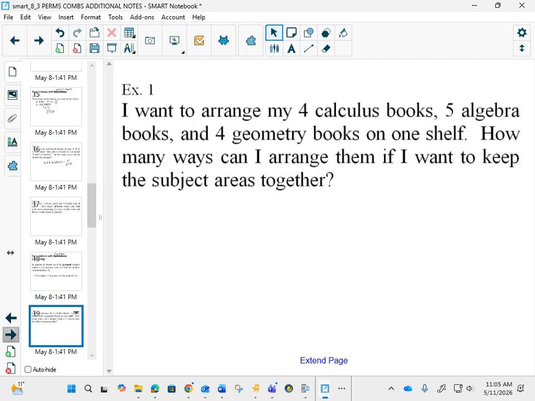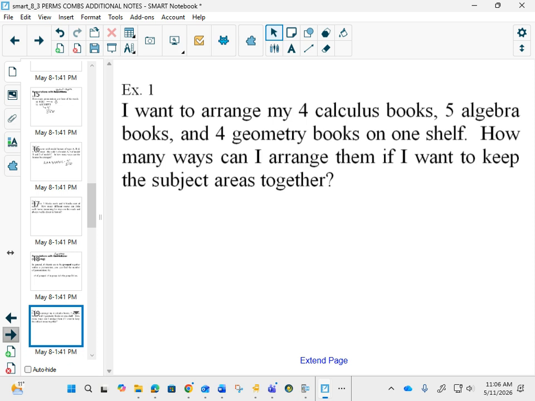Here's my example. I have a whole bunch of calculus, algebra, and geometry math books, and I want to arrange them on a shelf. But I want to keep the subject areas together.